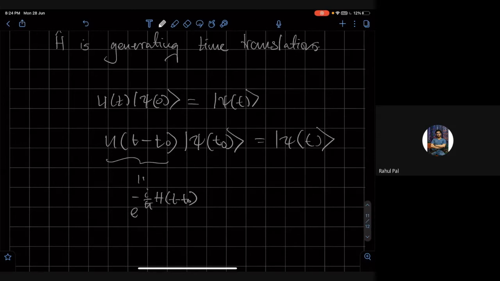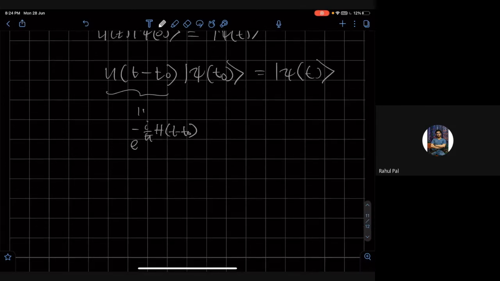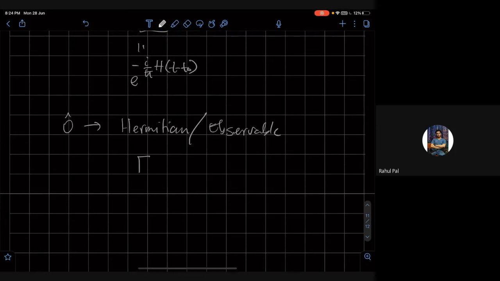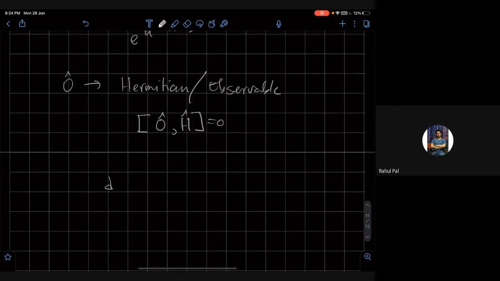Now suppose that we have an operator O, Hermitian. That means it is an observable. And suppose that O commutes with H, and O doesn't have any explicit time dependence. Then what will be the time derivative of the expectation value of O?